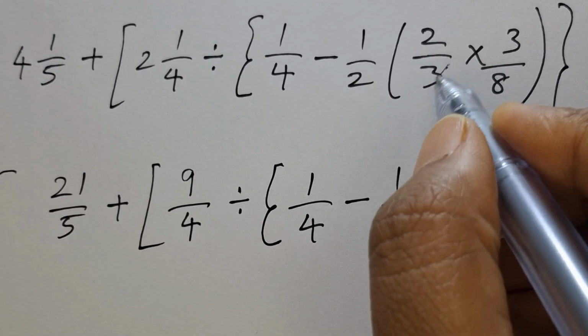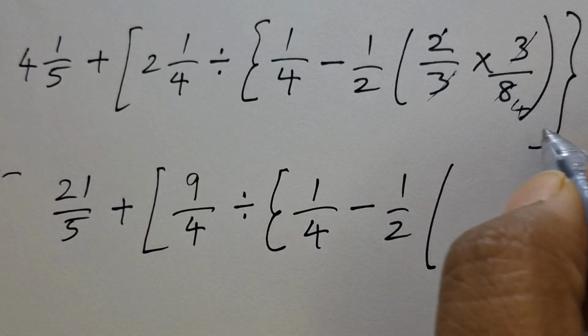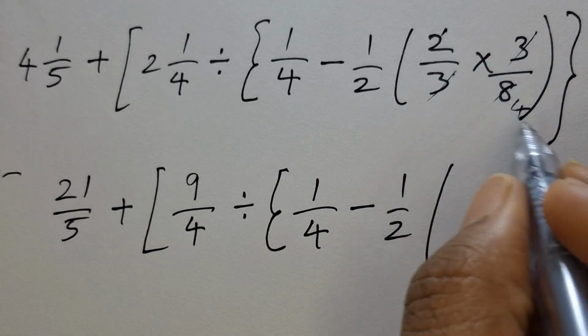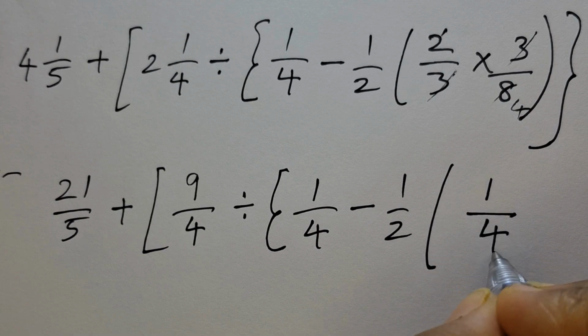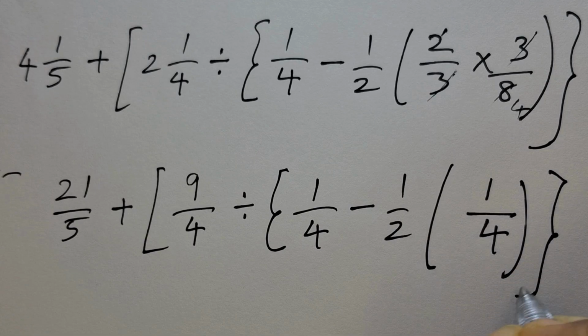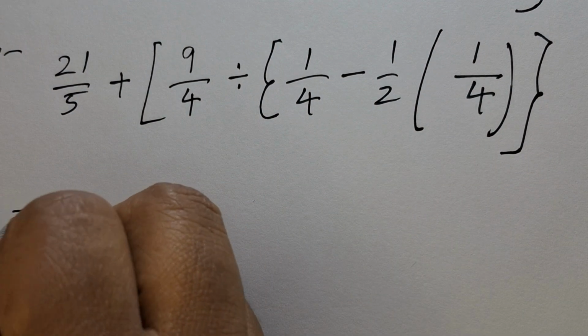So the next step is we have to solve the one in brackets. In the small brackets, 2 and 8 in the numerators and denominators, we can cancel: 2 1s are 2, 2 8s are, and here 3 and 3 also we can cancel.